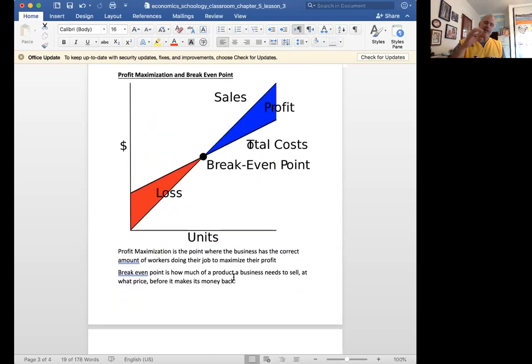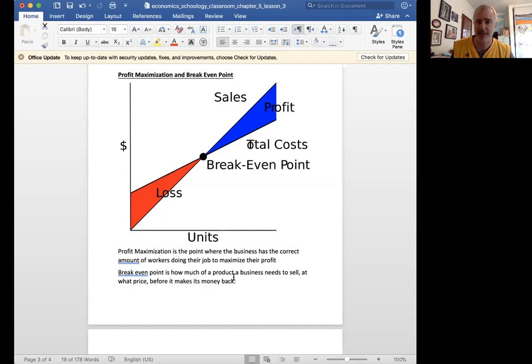And really what you're looking to get to, the whole point of this, is to find your profit maximization and your break-even point. Your profit maximization is the perfect amount to buy, or perfect amount of employees, perfect amount of product to sell, perfect amount of trucks to have for my AC business, perfect amount of food to put in my restaurant.